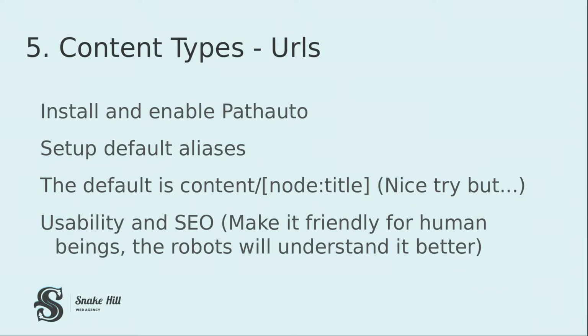I hate to have the extra characters in there too, because they're not really doing anything. So you go in, you make it make sense. Typically, I would say URLs signal content organization, so sections of the site. So if it's a blog page, you would have blog/the node title.